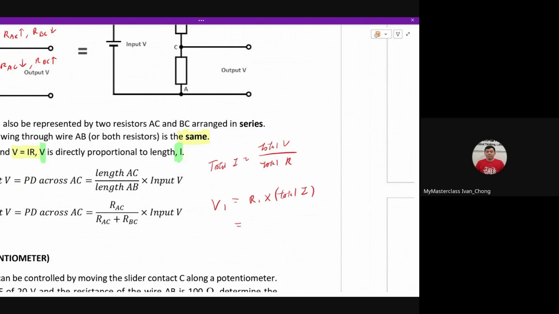If I substitute in the values, I'll end up with R1 times total V over total R. If I separate this out, you can see that this is actually R1 divided by total R times total V. So this is the same.